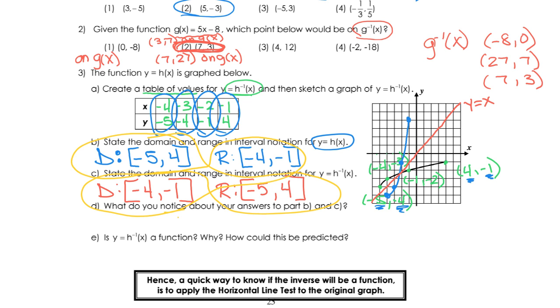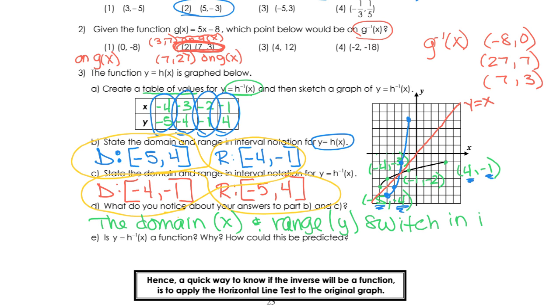Part D says, what do you notice about the answers to part B and C? And we're just going to say that the domain and range switch as well as x and y. The domain, which is our x, and range, which is our y, switch in inverses.